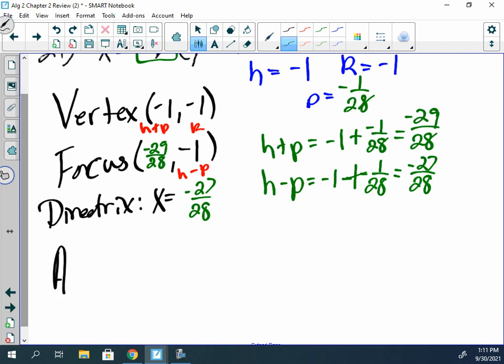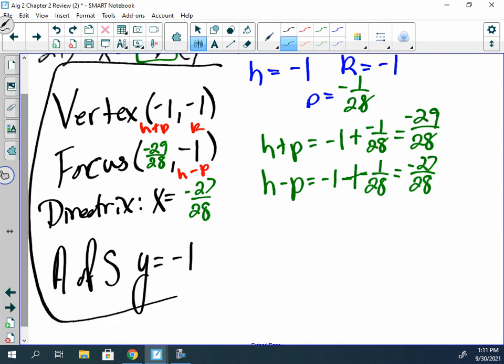And last but not least, the axis of symmetry would be y equals -1, and that's it. Just finding the H and K gave us the entire vertex, half the focus, and the axis of symmetry. Really, the only thing missing is finding the value of P and plugging it back in.